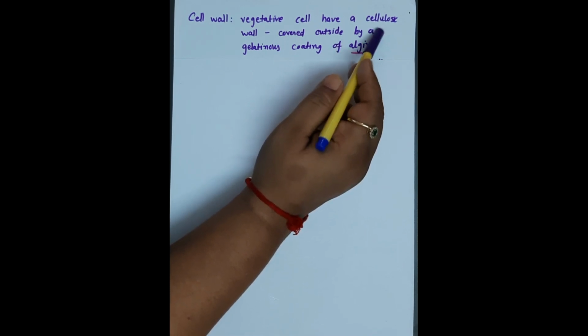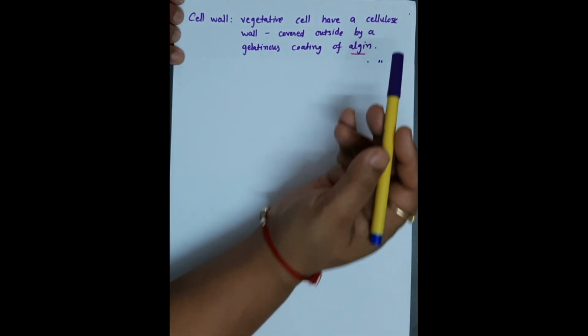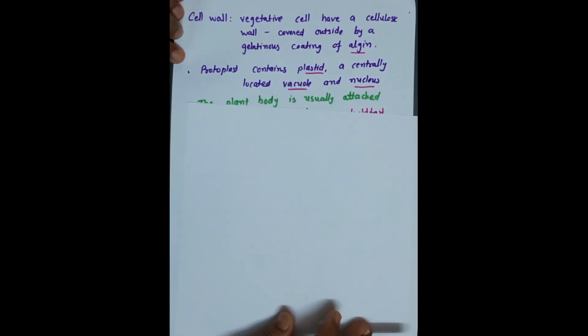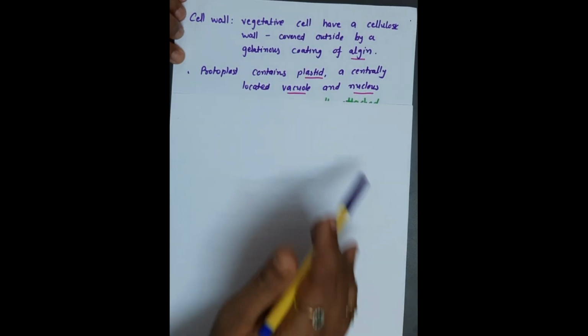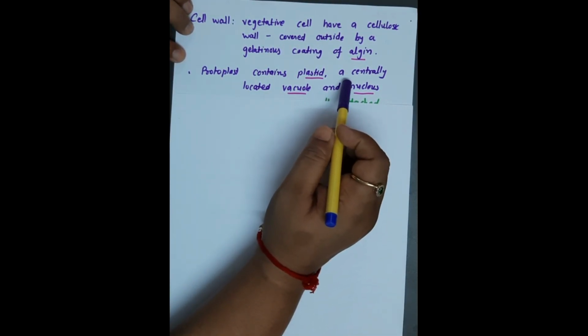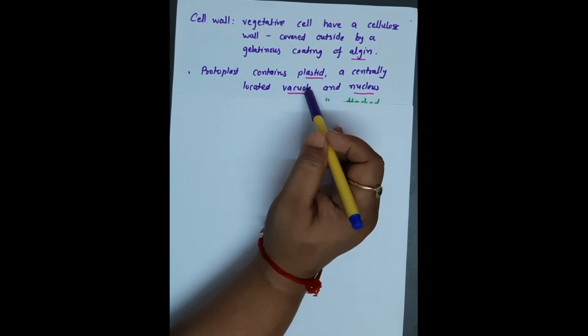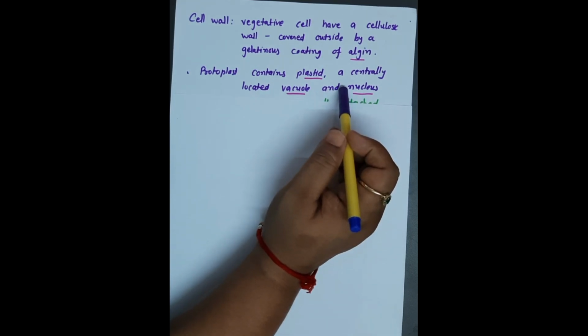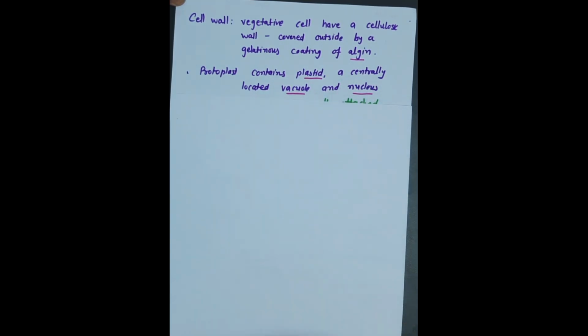Alginic acid forms a coating all around the outside. The protoplast contains plastids, then a centrally located vacuole, and obviously also possesses a nucleus.